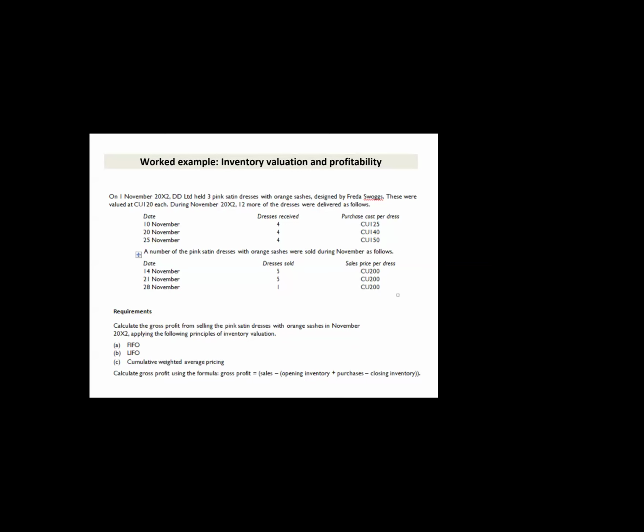That is 620 for the first 5 units. Now on 25 November, 5 units: first we issue 4 units at the rate of 140, that is 560, and another 1 unit from 120. So it's 680. So 620 plus 680 is 1300.